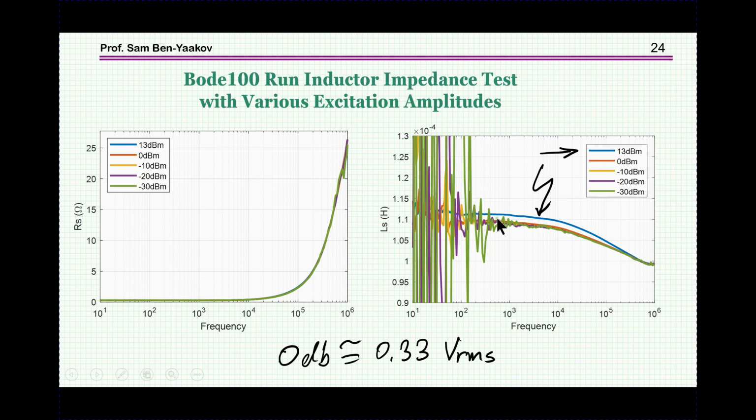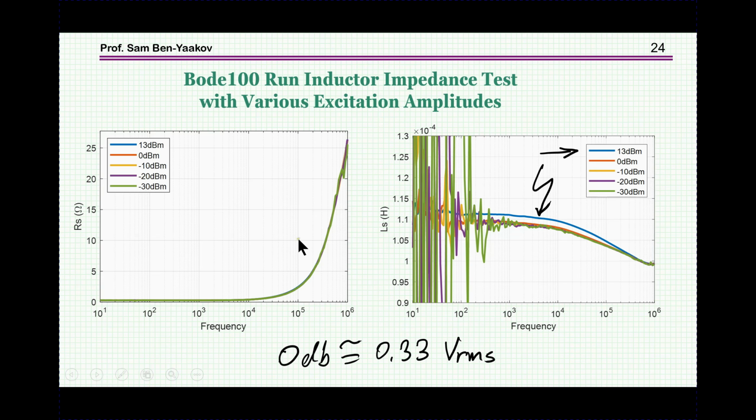Now here we see the inductance part, and interesting that at the very high excitation, or the relatively high excitation, 13 dB, we see already a small change, which is due to the behavior of the hysteresis curve, B as a function of H. So we see here some changes, but this is not the point I'm driving at.